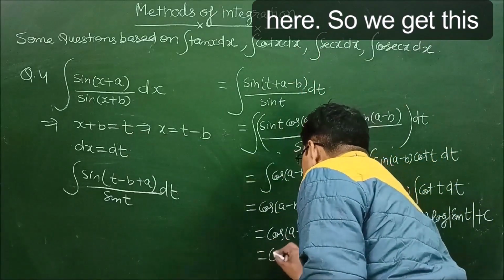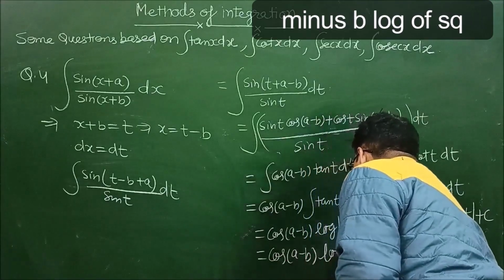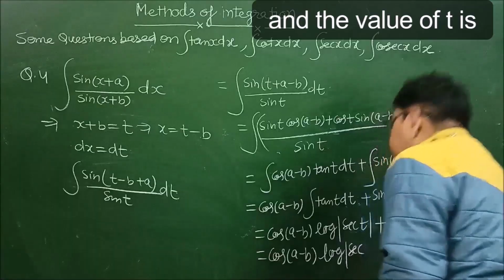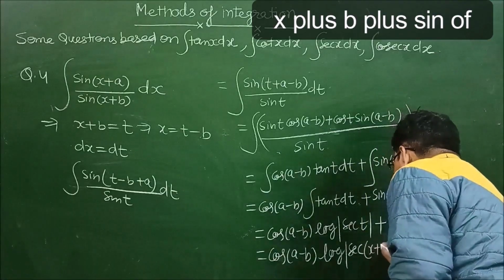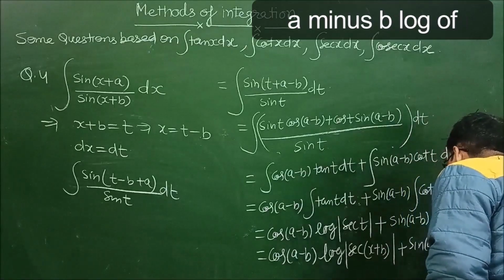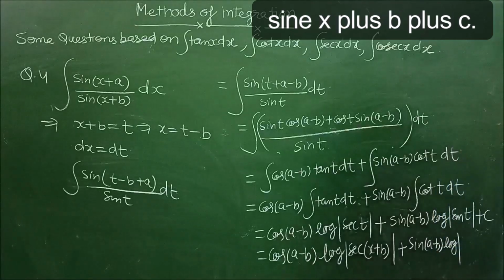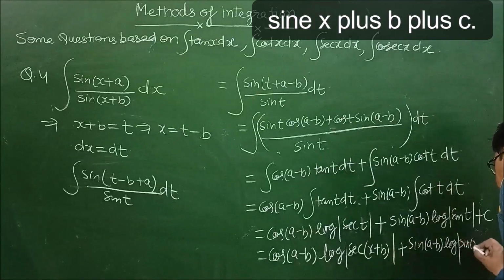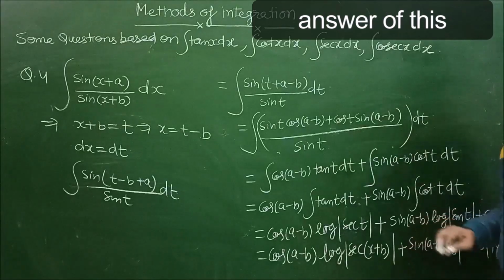So we get this is equal to cos(a minus b) log of sec(x plus b) plus sin(a minus b) log of sin(x plus b) plus C. So this is the final answer of this question.